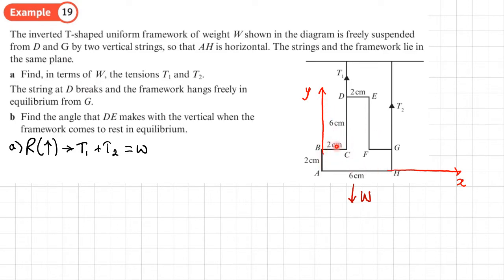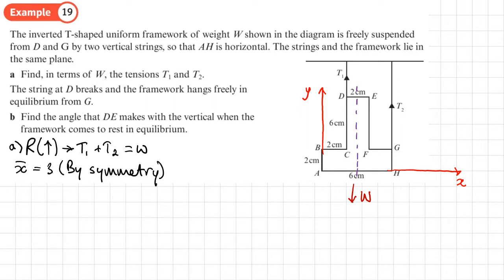This distance here is 6, so if that's 2 and that's 2, this length here has got to be 2, and this is 2 here. So we can find x bar by symmetry. So the center of mass is going to be here. So x bar by symmetry is going to be 3.